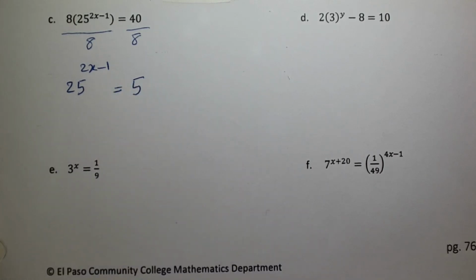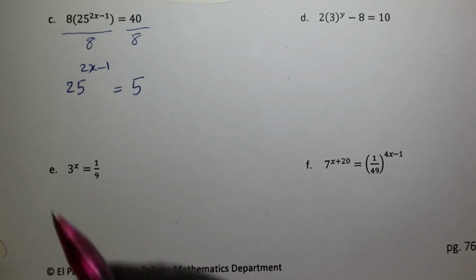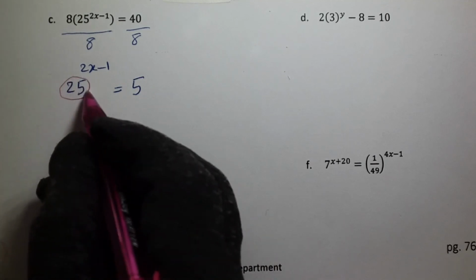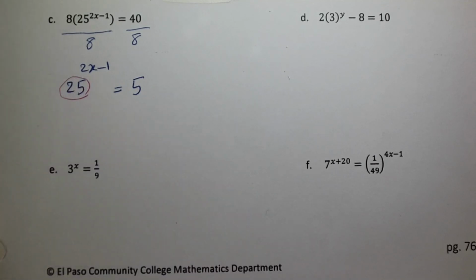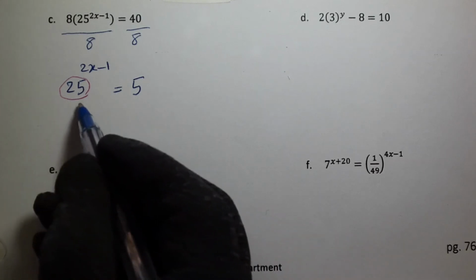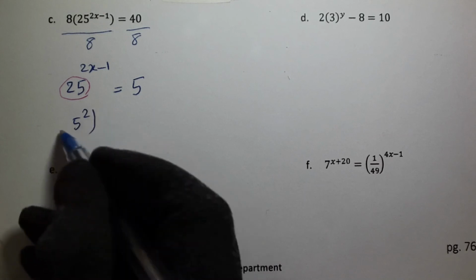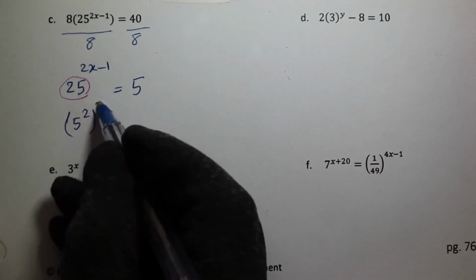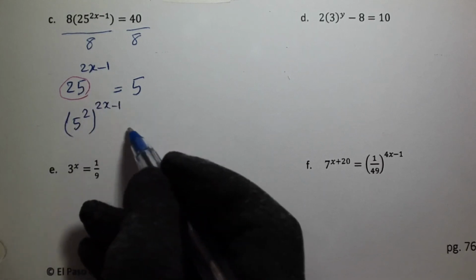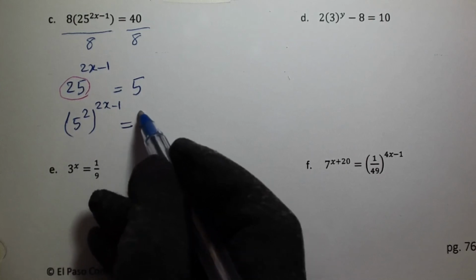Now you see bases still are not the same. But I know 25 means 5 squared. So I can write the left side as 5 to the power of 2, to the power of 2x minus 1, equals 5.